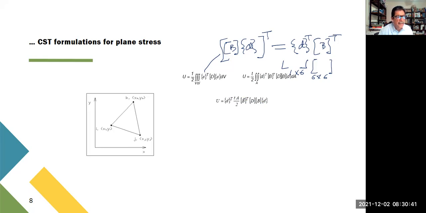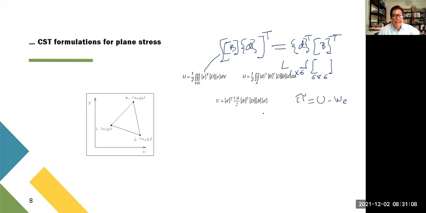Now, each one of these matrices we can identify completely. I'm sorry, before we go down, this is U. And remember that we have pi, the potential energy. It was the combination of this, and we said that we were looking for the position where this pi was a minimum.